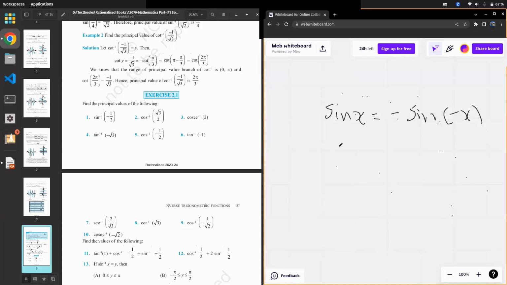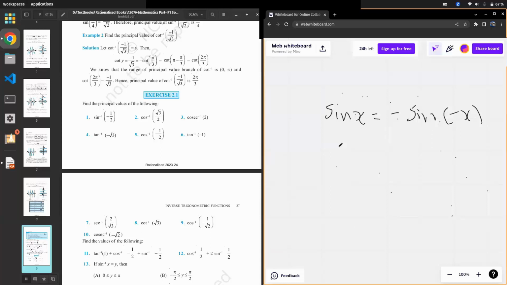For the third problem, we have to find the value of cosecant inverse 2. If you remember, the value of cosecant of pi by 6 is equal to 2. So the value of cosecant inverse of 2 will be pi by 6.